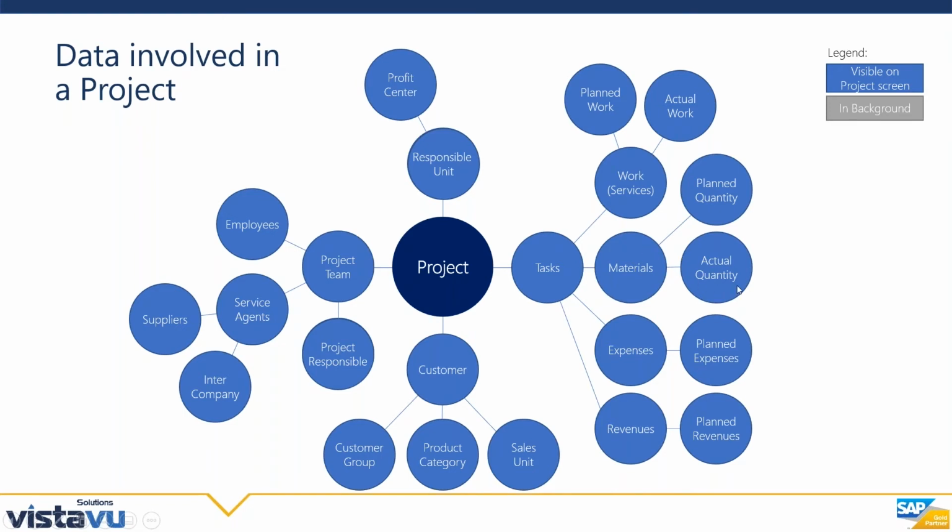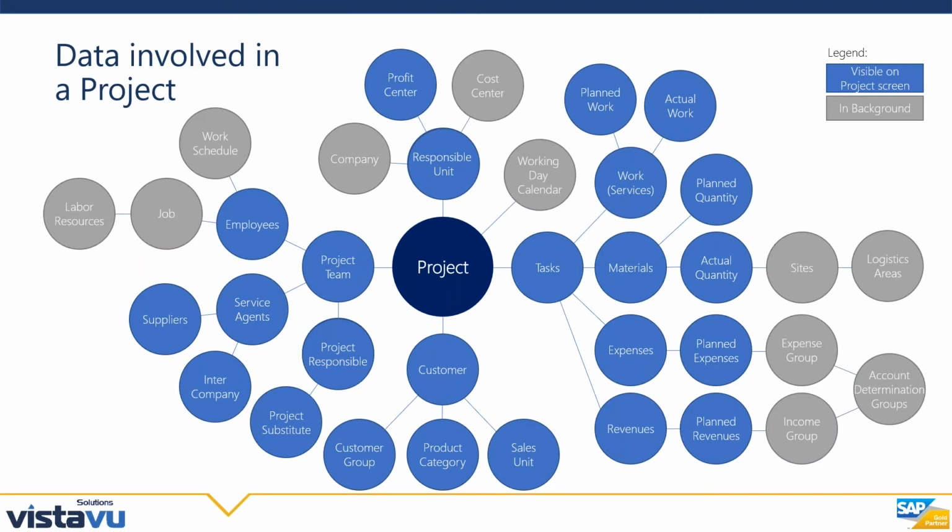What's the quantity that we plan on consuming? And then from an expense and revenues perspective, the ability to plan that as well. So those planned values end up setting up the foundation for being able to later on do comparisons between what your plan, your budget was for your project, and what your actuals are.